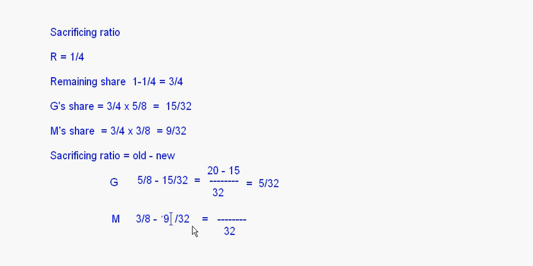So here it is 9/32, right? So this will be 12 minus 9/32, which is equal to 3/32. Fine. So 3/32. So now you get the sacrificing ratio as 5:3.